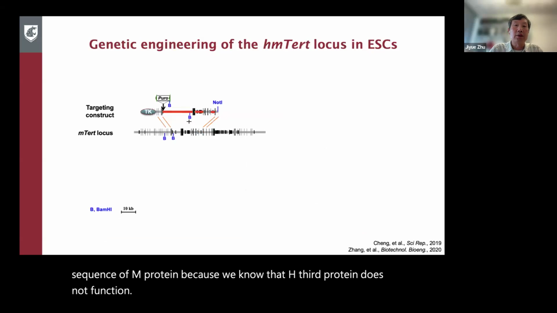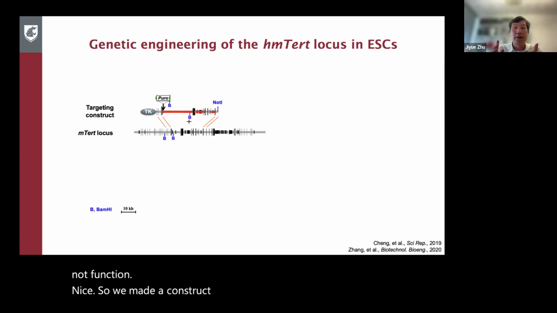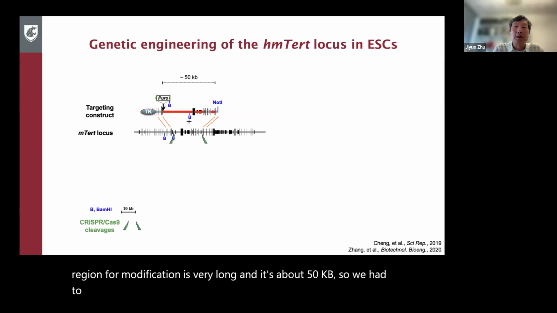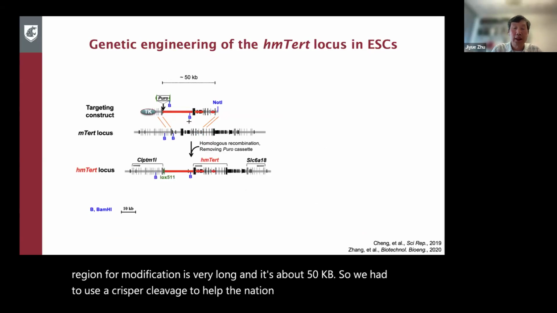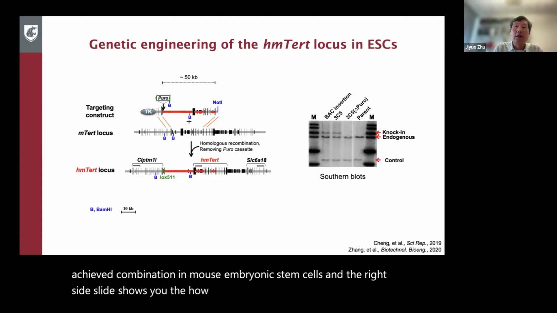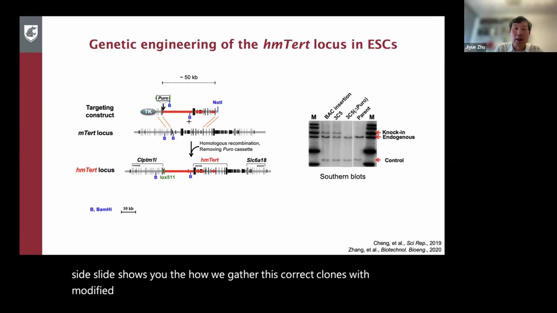We made a targeting construct, because the region for modification is very long, about 50 kb. So we had to use CRISPR cleavage to help the homologous recombination. We successfully achieved homologous recombination in mouse embryonic stem cells, and the slide on the right shows how we got correct clones with the modified hmTERT gene.